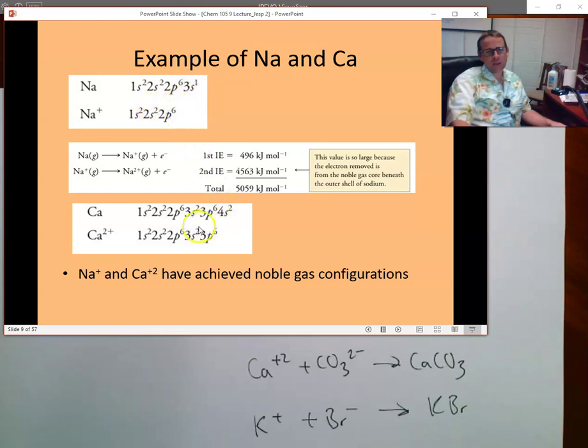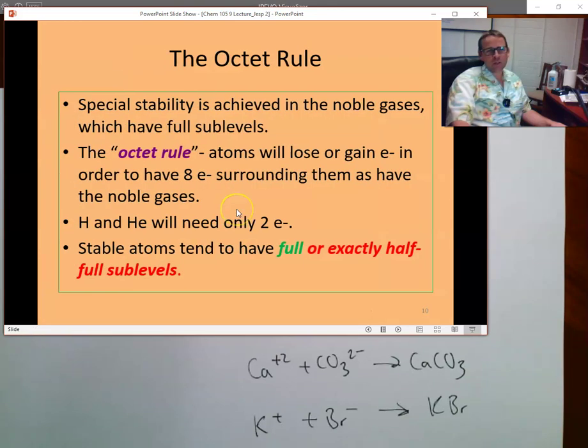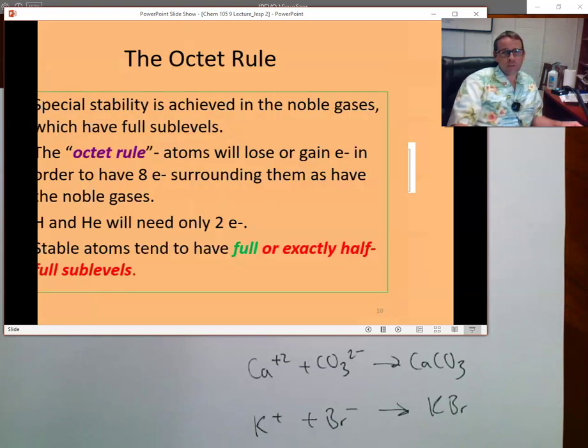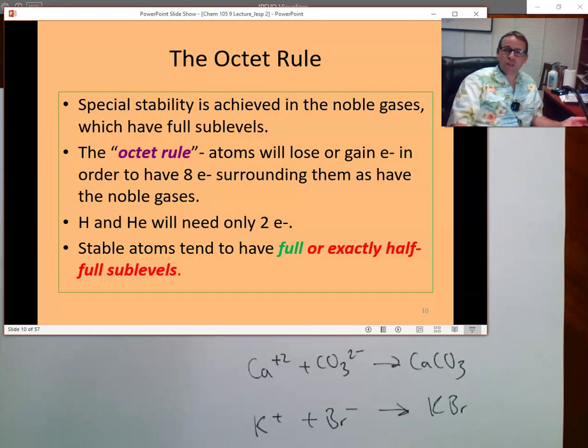Down here, 8 electrons in the outer shell when it loses those 2 valence electrons. That octet rule also works for molecular compounds, and we'll talk about that in the future. It's one of the first things we talk about when trying to explain why atoms do what they do, because it works really well for the representative elements.